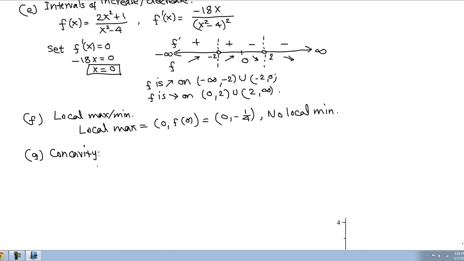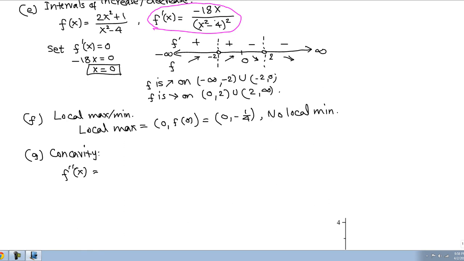For concavity, we want to find the second derivative of the function. Second derivative is the derivative of the first derivative, and we have already found the first derivative here, which is a quotient of two functions.